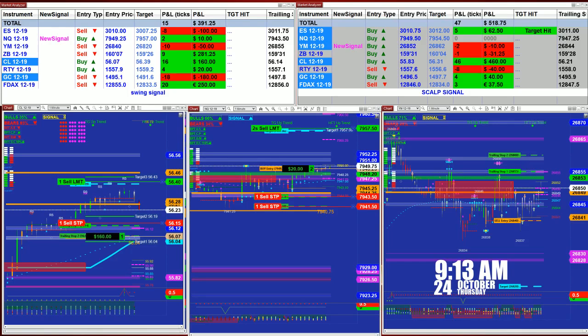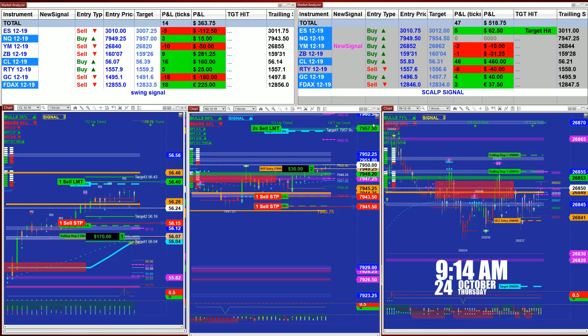We have a new signal on the Nasdaq, but you gotta be careful. Again, you have the 52 level and 52.25. This is a problem, and 51 is a problem. I know we have a new signal on the Nasdaq, and it's up to you what you want to do with it.